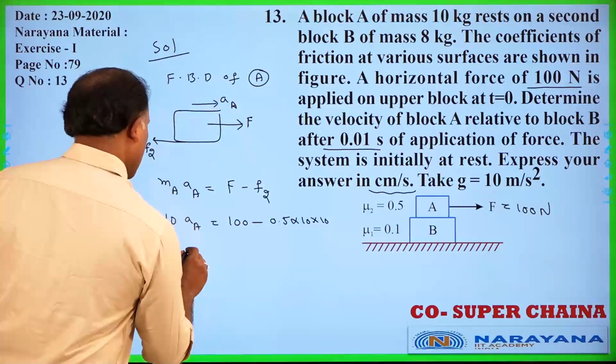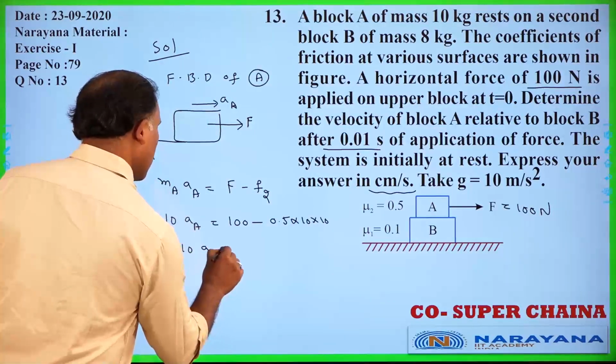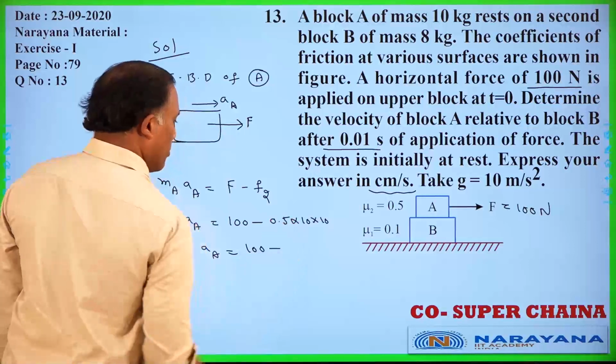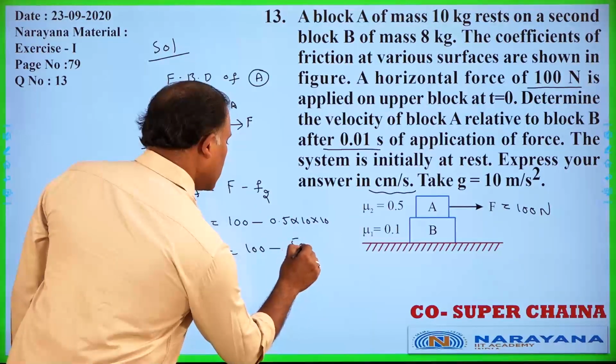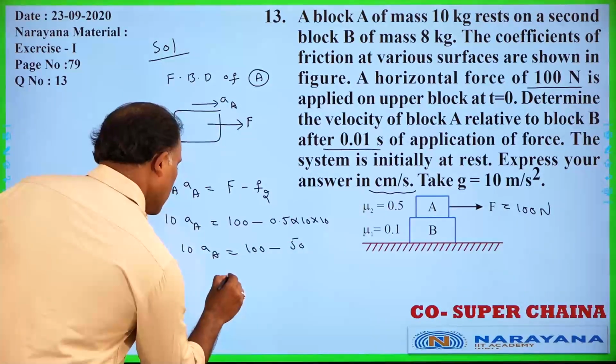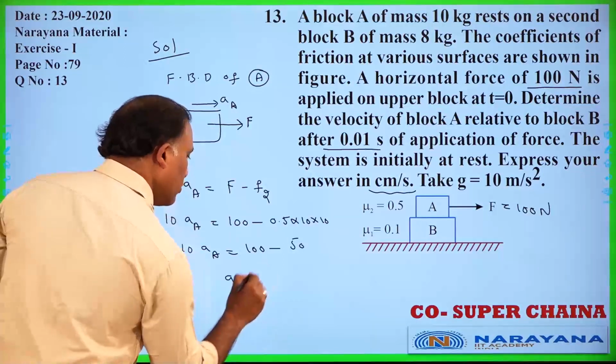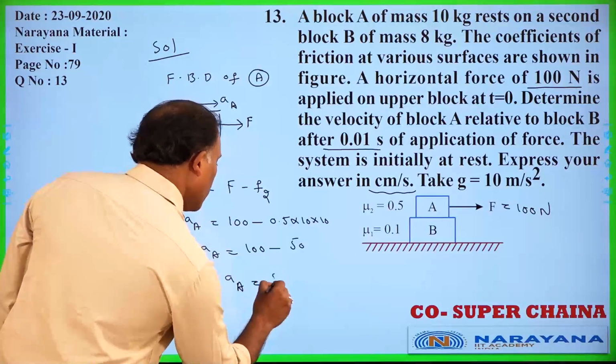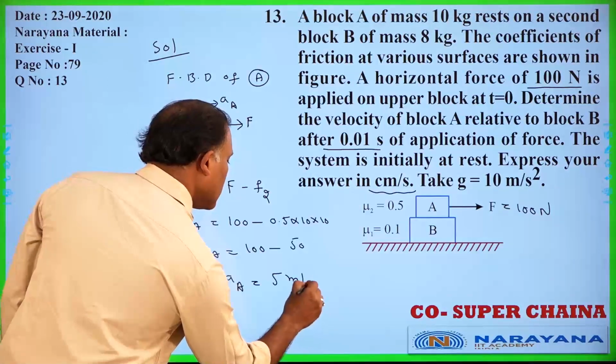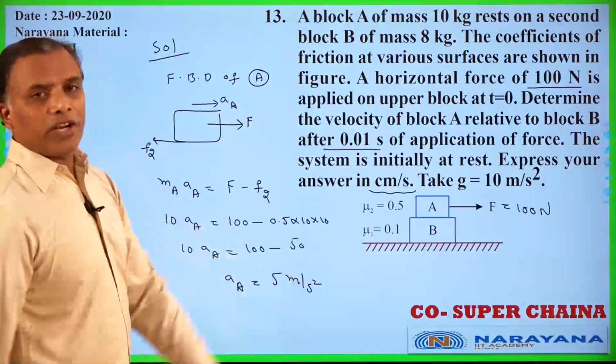So 10 acceleration of A will be equal to 100 minus 50, that is 50. Then acceleration of A will be equal to 5 meters per second square. That is the acceleration of A.